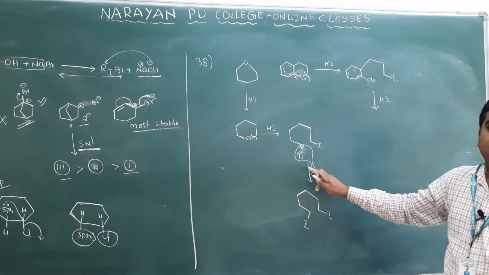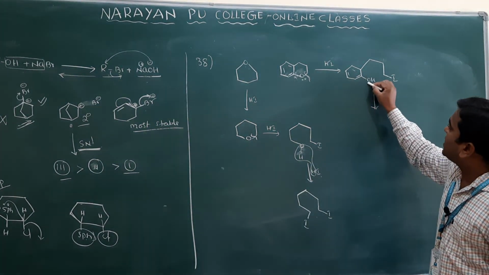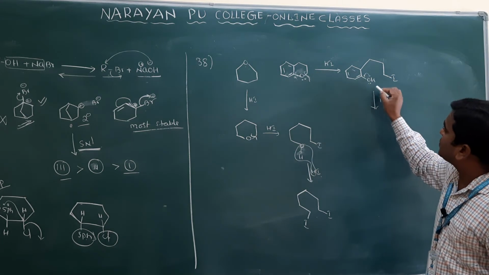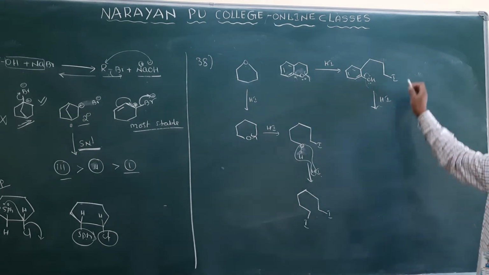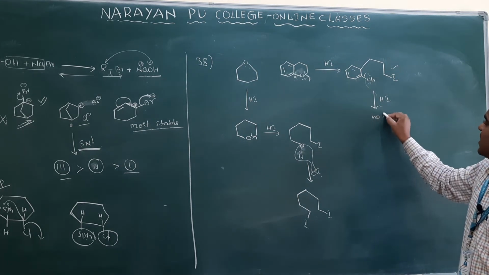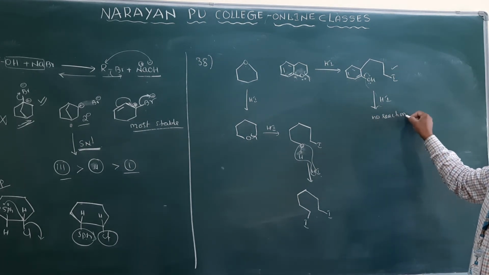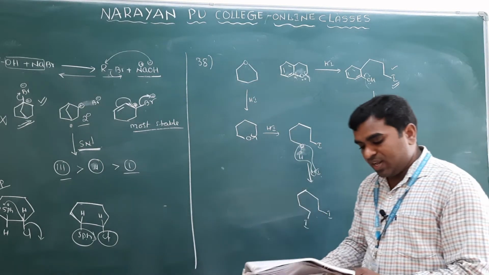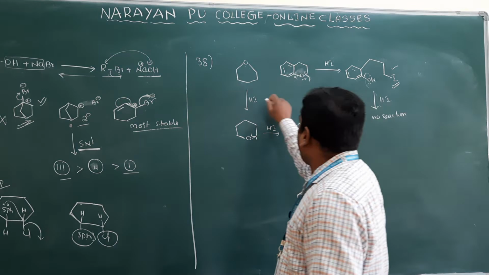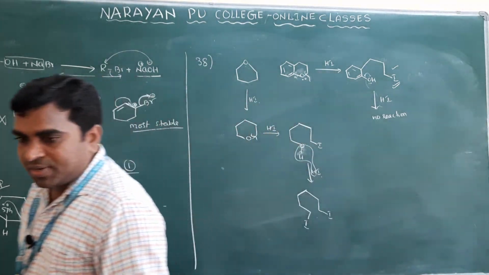No, it won't happen. Why? Because this bond is not a single bond, because it is involved in resonance. So O and H will not be removed as water. You will get no reaction. So you will get only which iodide here? Monoiodide. So that's why your answer is option 3. Only one will give the diiodide.